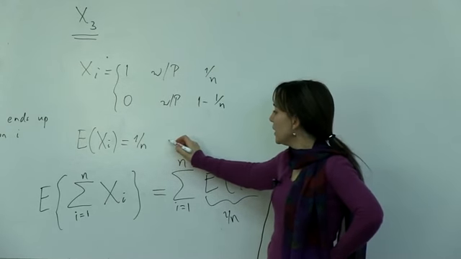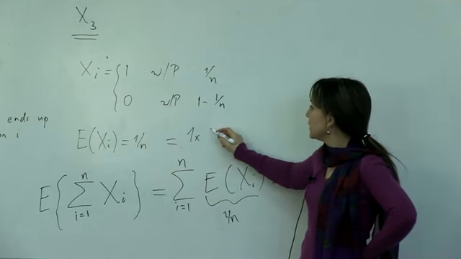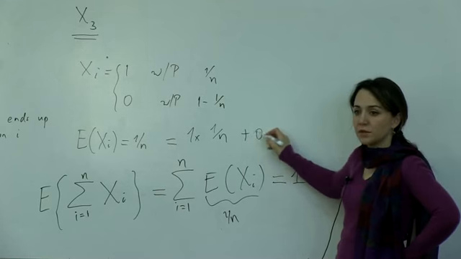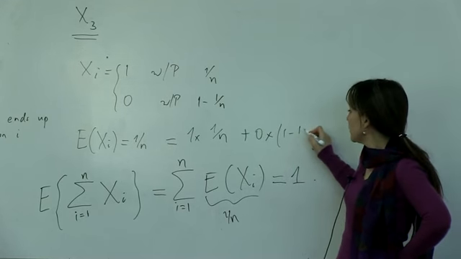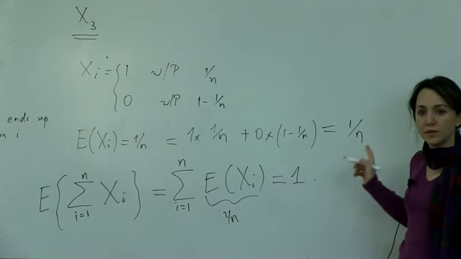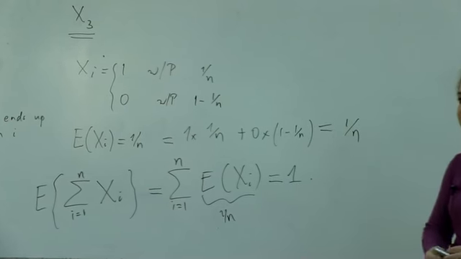The expected value of xi is 1 times the probability that xi takes the value 1, which is 1 over n, plus 0 times 1 minus 1 over n. So 1 over n. Any questions about the hat problem?